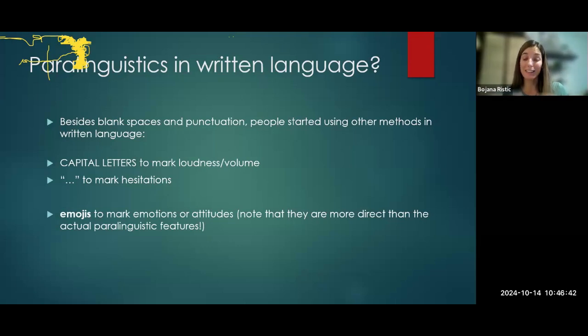But people, the kids nowadays especially, like using emojis a lot because they felt that in written communication they had the need to mark their emotions, because written communication is so limited. These emojis kind of jumped in to mark these additional meanings that we didn't have just with written communication.